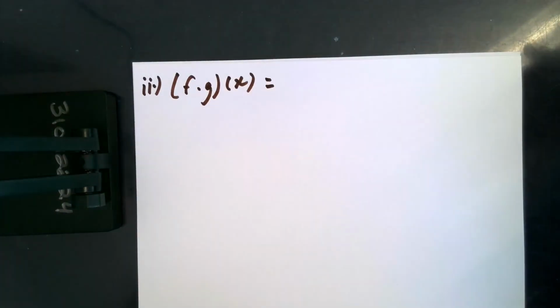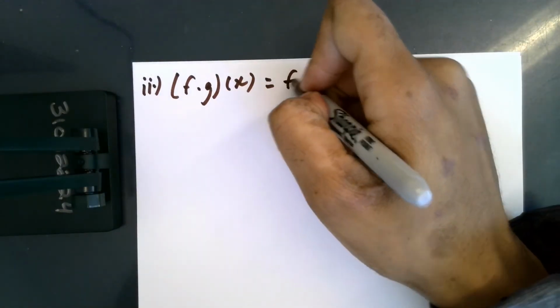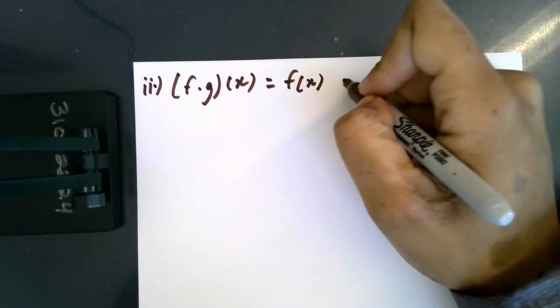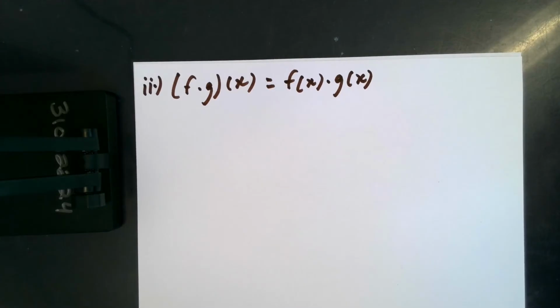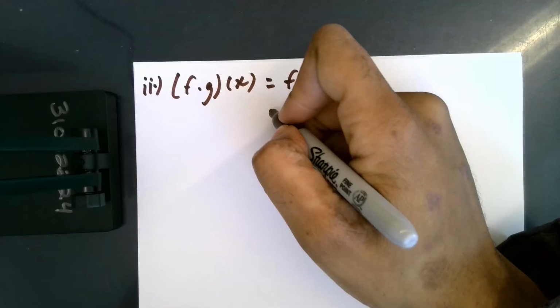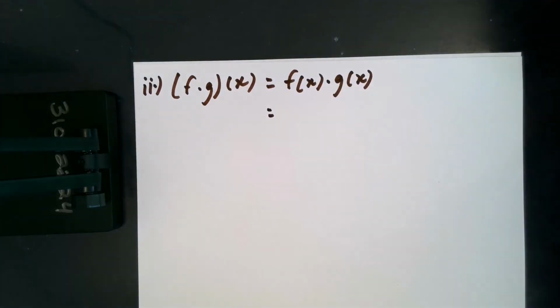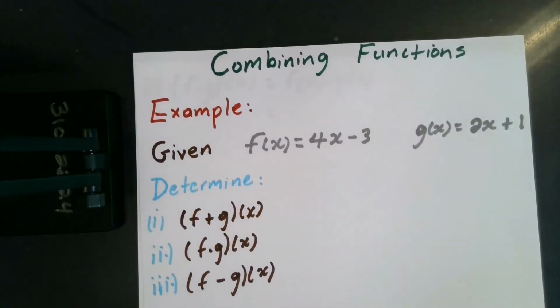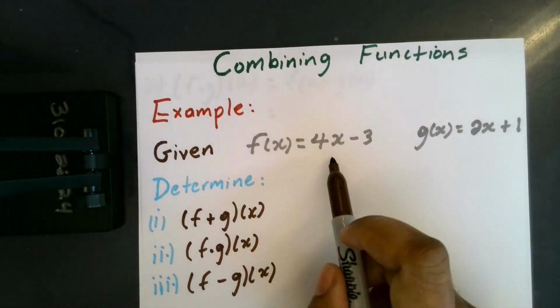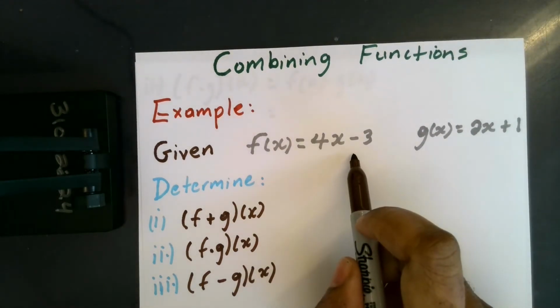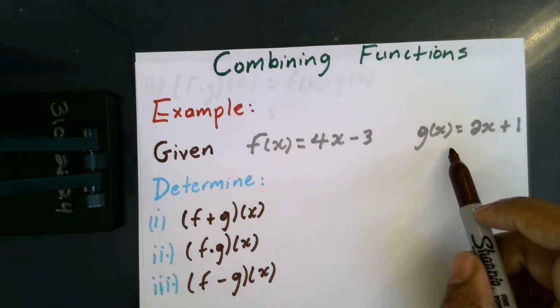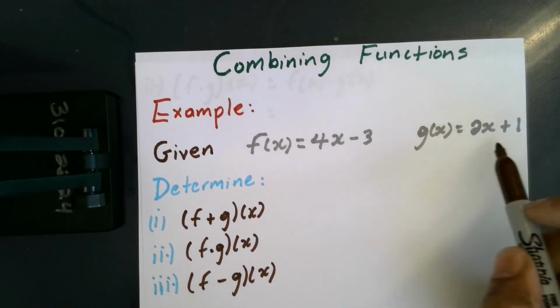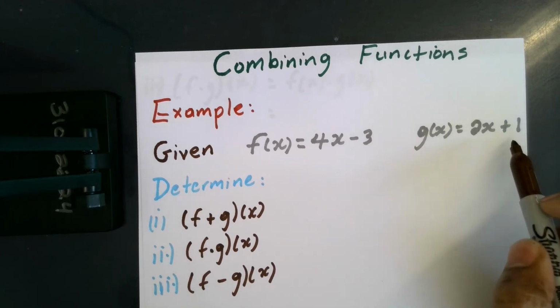This simply means that you will be multiplying the function f with the function g, all right? And we know what the function f is. It is 4x minus 3. We know what the function g is. That is 2x plus 1. All right?